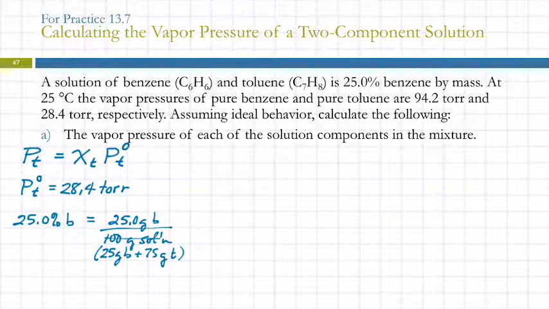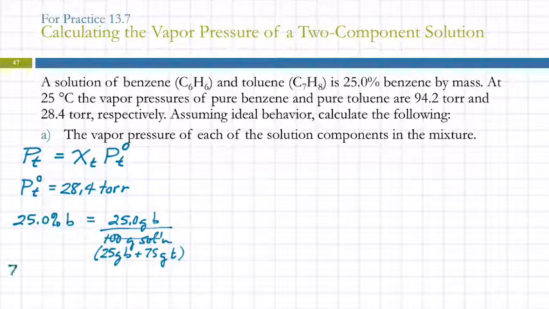That looks like something we could maybe turn into a mole fraction, at least for benzene, right? Here we have grams of benzene on the top, and grams of benzene and grams of toluene. We can change grams into moles, right? So if that's the percent of benzene, what would the percent toluene be? 75, right?